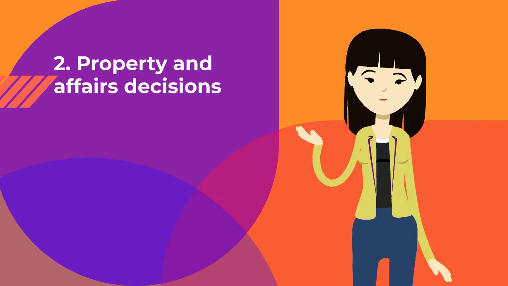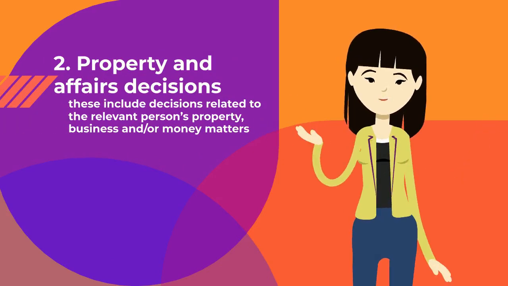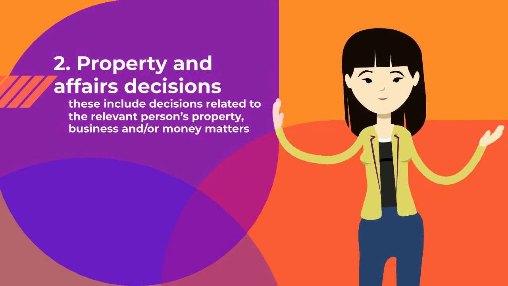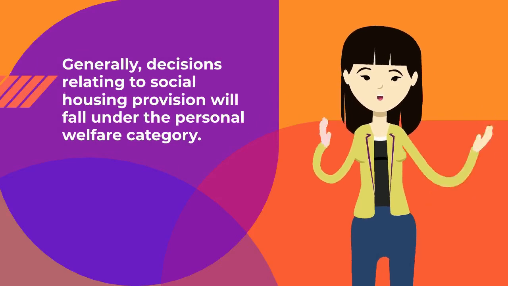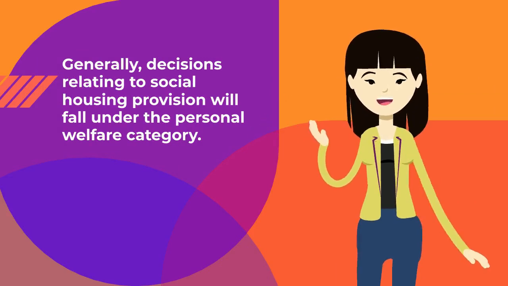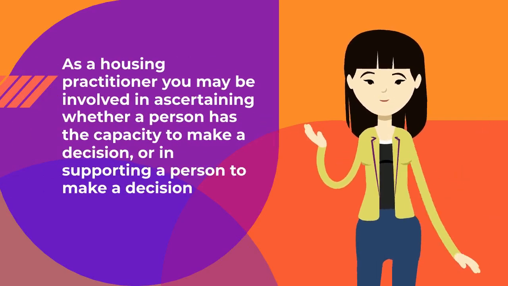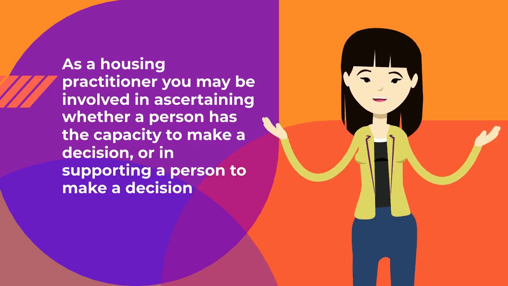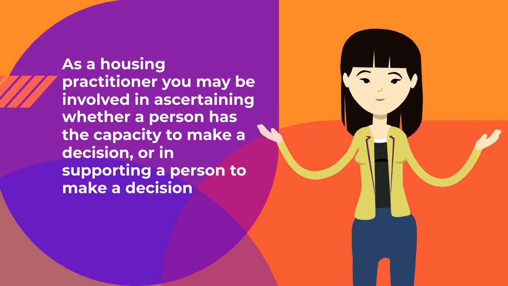Property and affairs decisions. These include decisions related to the relevant person's property, business and/or money matters. Generally, decisions relating to social housing provision will fall under the personal welfare category. As a housing practitioner, you may be involved in ascertaining whether a person has the capacity to make a decision or in supporting a person to make a decision.